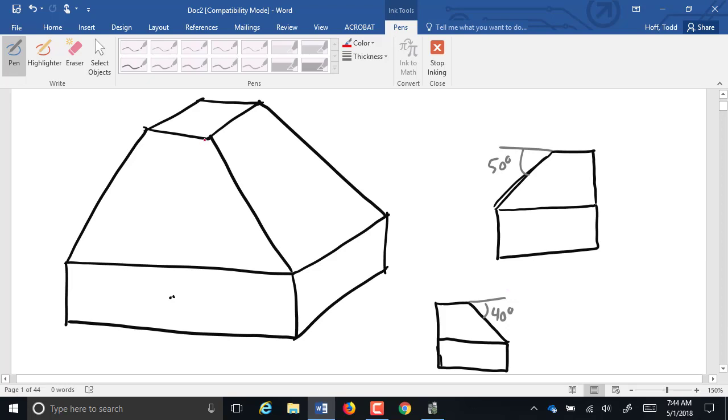So what I'm really creating here, if I cut this and this, what I'm really creating here is a box again.